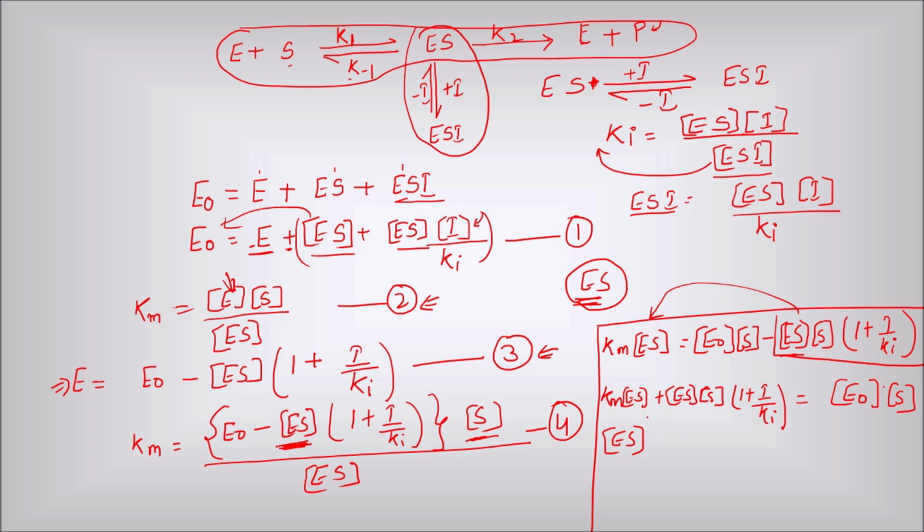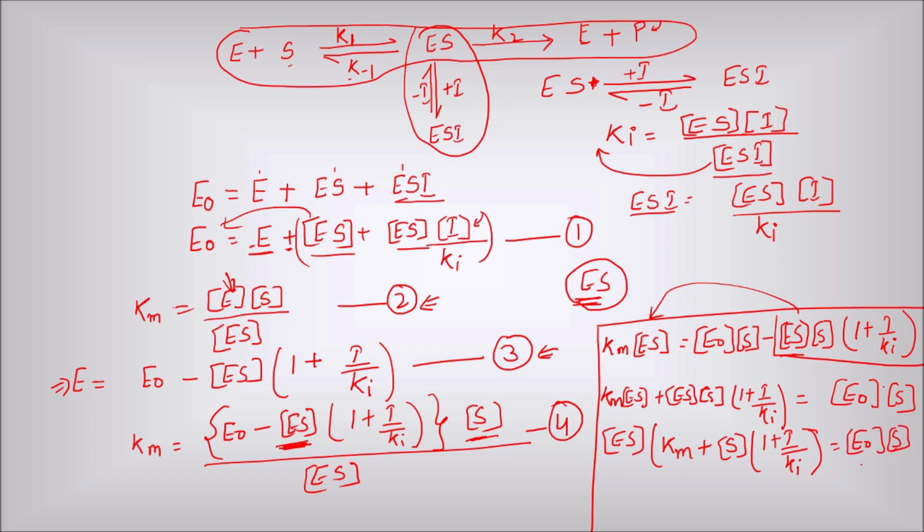So what will be the value for the ES? If I take the ES as common, then I will be having Km plus substrate, but it will be multiplied by 1 plus inhibitor concentration by the equilibrium constant when inhibitor is present, equals E naught into S.